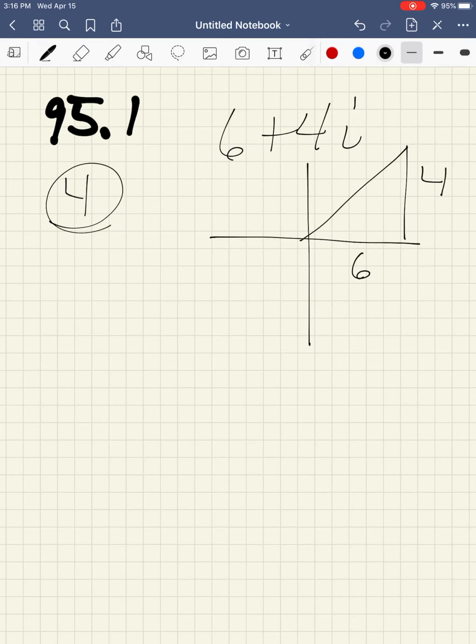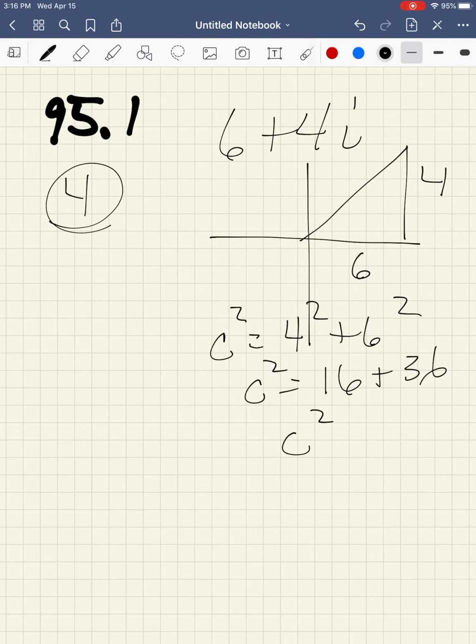So if we use Pythagorean theorem, for that we'll have c squared is equal to 4 squared plus 6 squared, or c squared equals 16 plus 36. Okay, so c would be equal to 2 times the square root of 13.